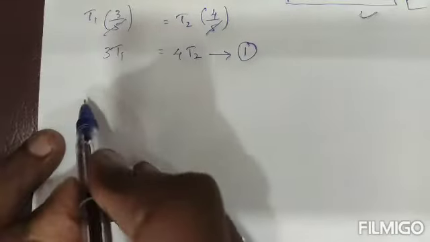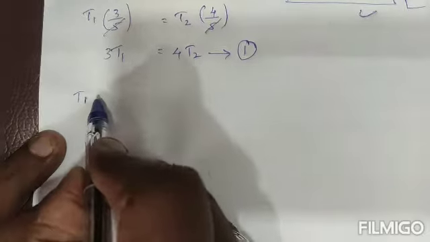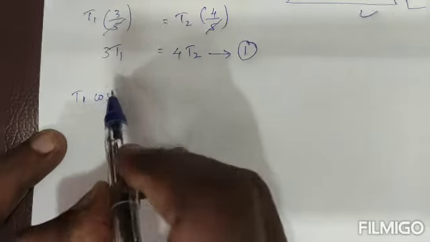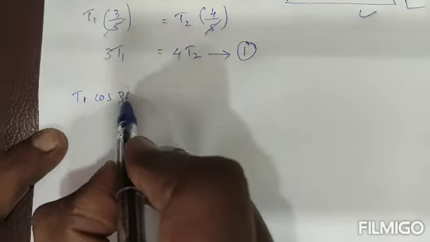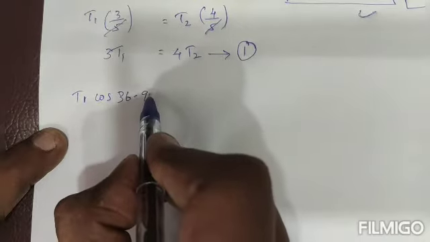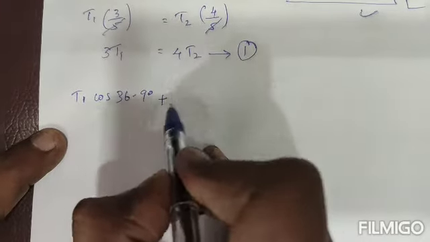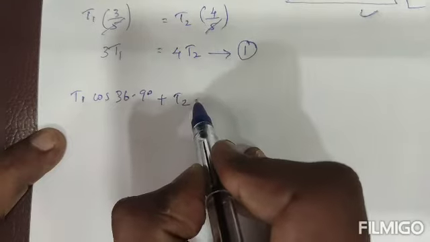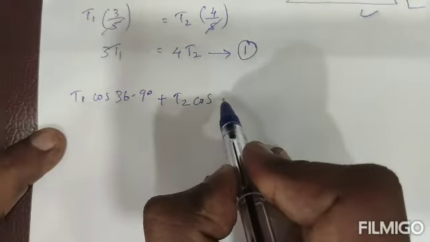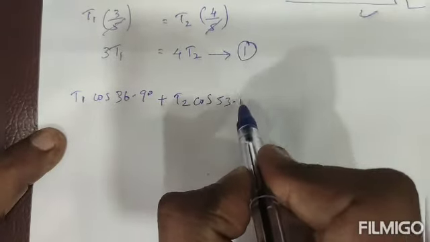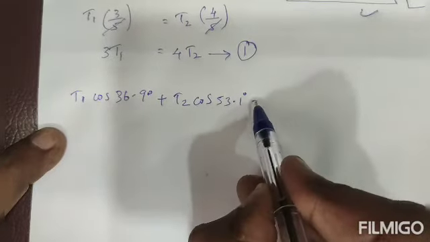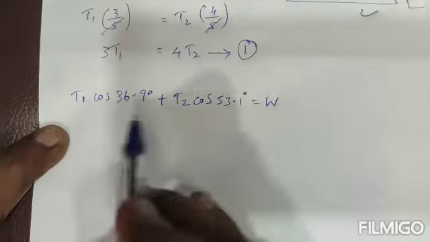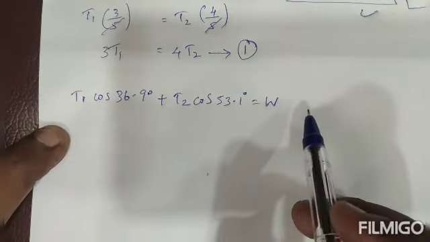So both cos theta values, that is T1 cos left side angle. What is that left side angle? That is 36.9 degree plus one more cos theta, that is T2 cos the other angle, 53.1 degree. That is equal to the downward weight. So the upward cos theta value is equal to the downward weight.